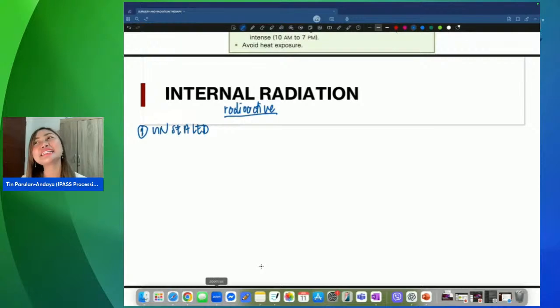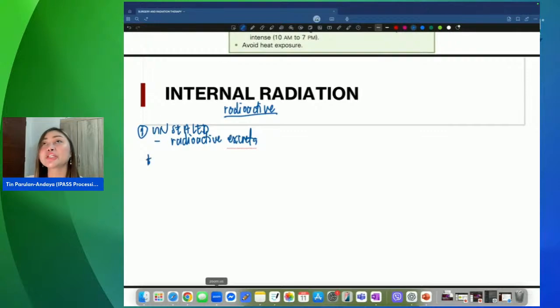Our nursing key points here will focus on that. Take note of that one. We need to highlight this: your patient will have radioactive excreta. The focus is all about the excreta of your patient.